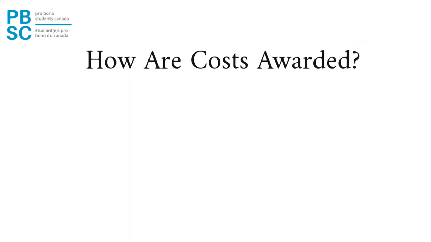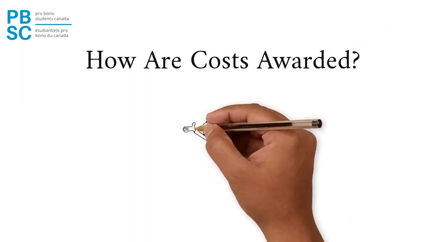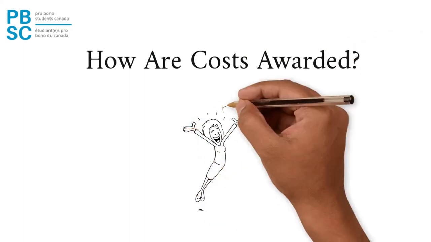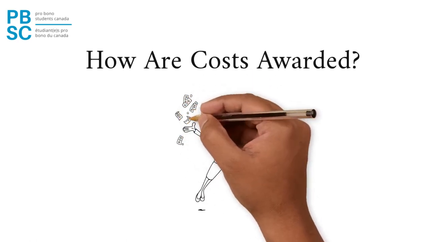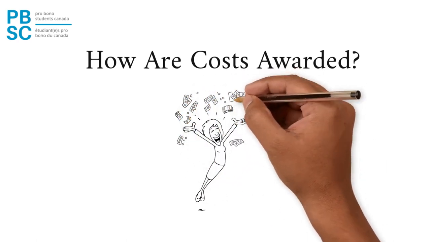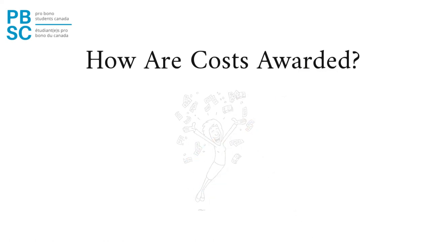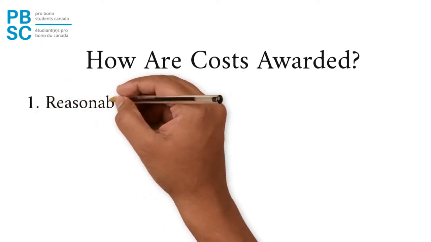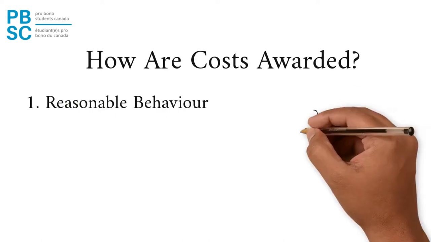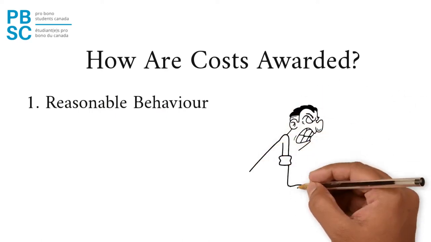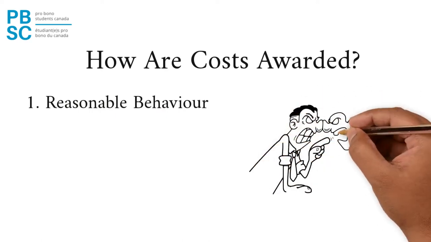How are costs awarded? There is a presumption that costs will be awarded to the successful party, unless it is a child protection matter or a government agency is one of the parties. However, this does not always apply. Although there is a presumption that the successful party will have some of their legal costs paid by the other party, if they behaved unreasonably, they may receive a lower costs award or be ordered to pay the other party's costs.